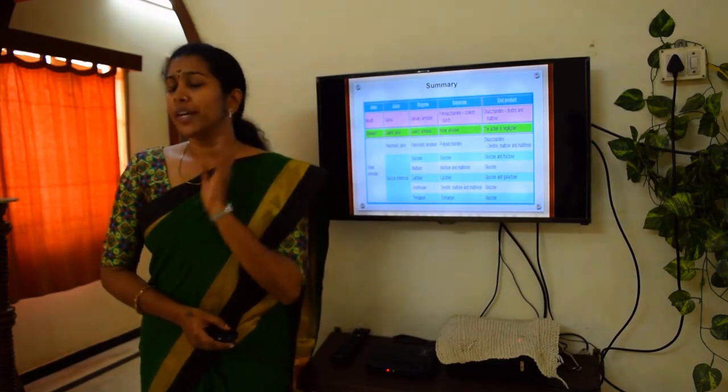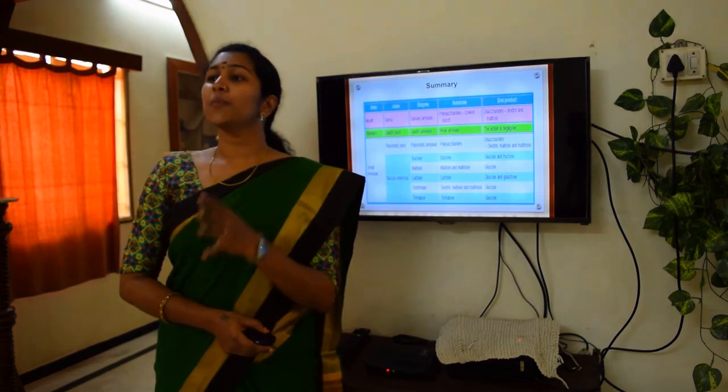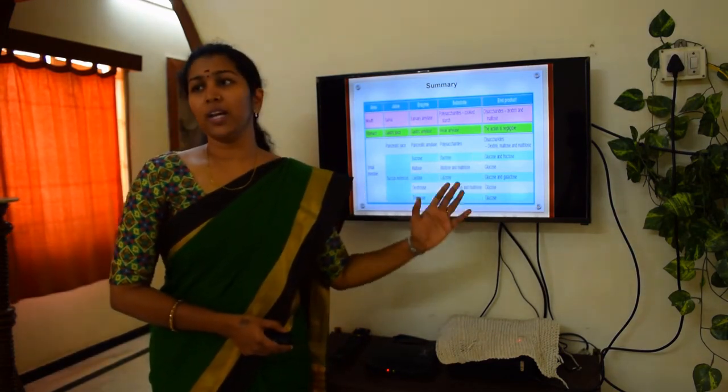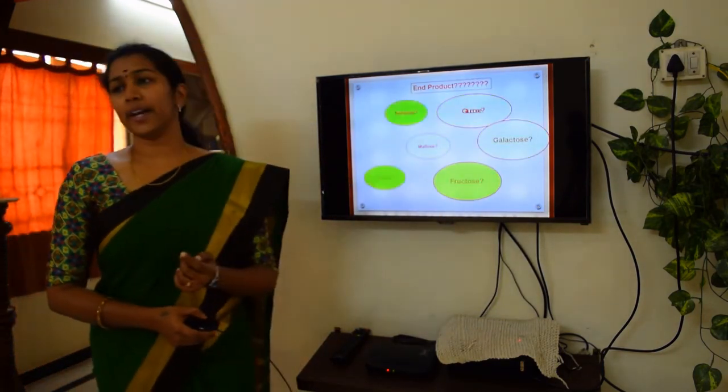So those enzymes will act upon their corresponding substrates, the polysaccharides as well as the disaccharides, and convert them into their corresponding monosaccharides. So the end products of digestion are glucose, fructose and galactose.